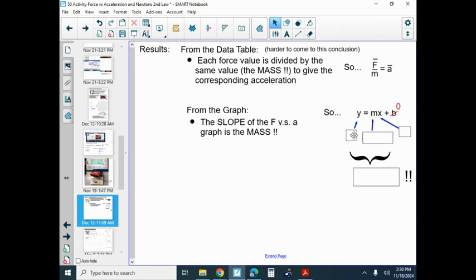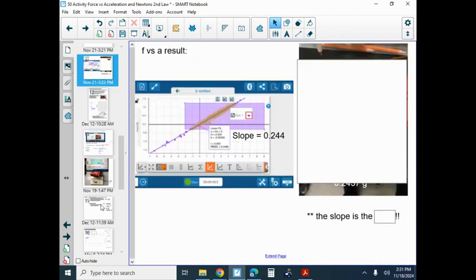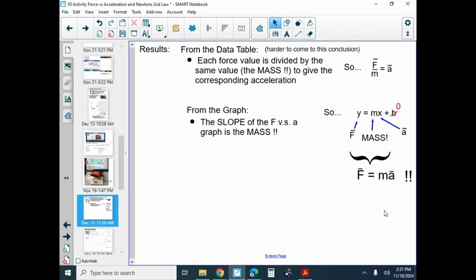So really, here's y equals mx plus b. We've got force equals mass times the acceleration. So we're getting this formula, F equals ma, right? Because just using the fact that it's a linear relationship from the result. Okay, so the y equals mx plus b information from grade 9 literally leads to Newton's second law, which is F equals ma.